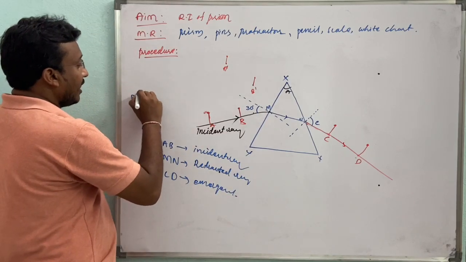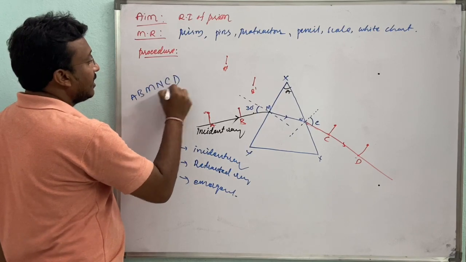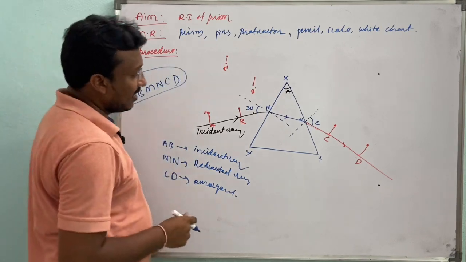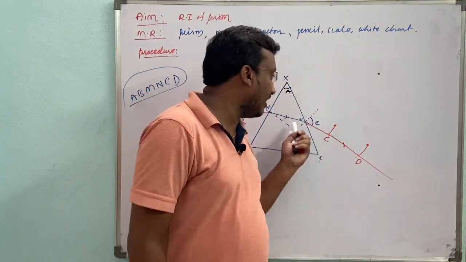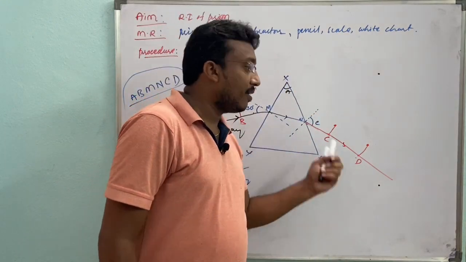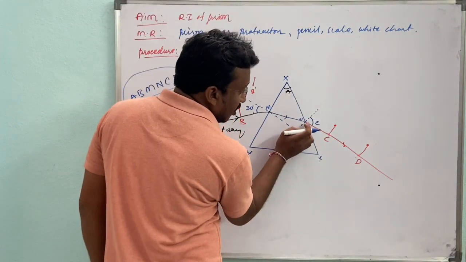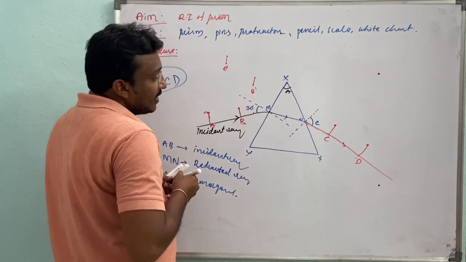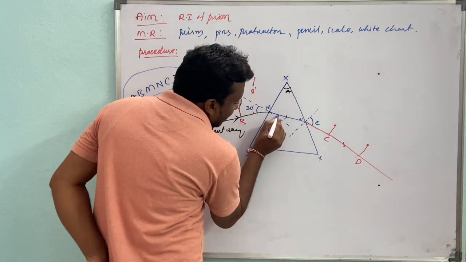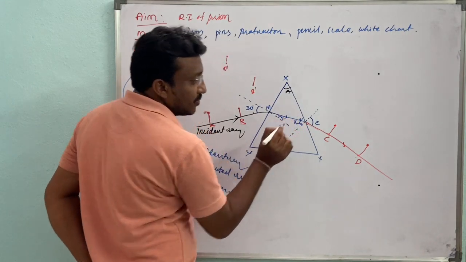Finally, A, B, M, N, C, D shows the path of the light ray traveling through the prism. Got it? Right. Measure the angle of emergence with the help of the protractor, and with the help of the protractor measure the angle of refraction 1 and angle of refraction 2.